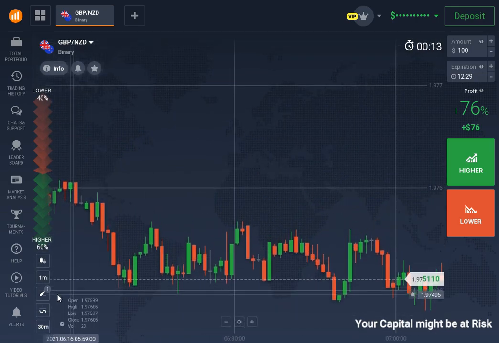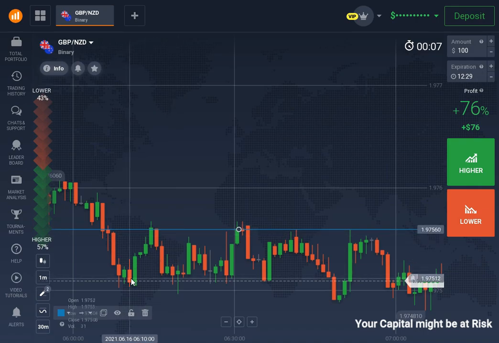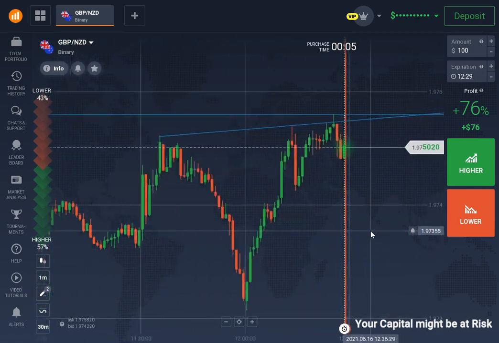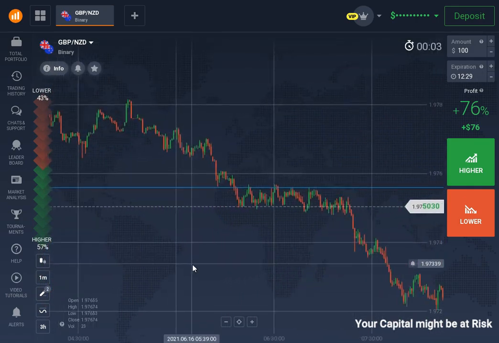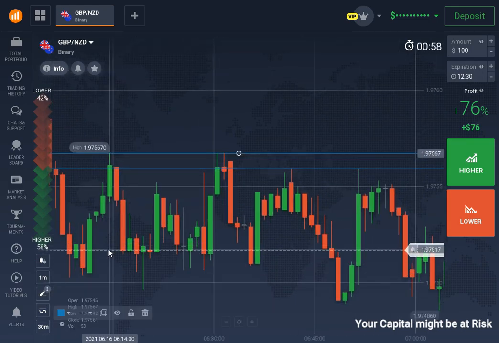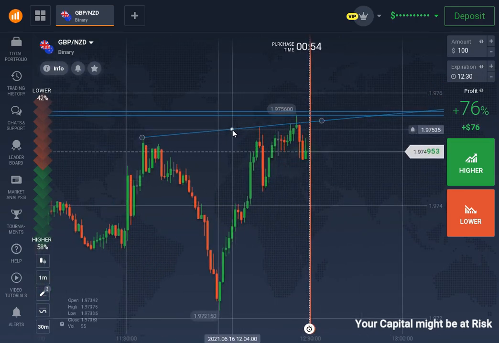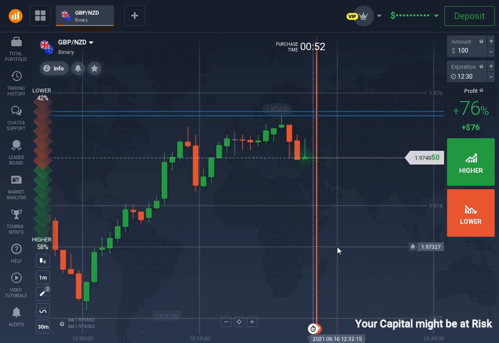And let me draw some extreme levels. I can see that this is an extreme level here. Yes, this is an extreme level. Let me draw the area. So we have an area of extreme levels. I will remove this because we don't require it now.